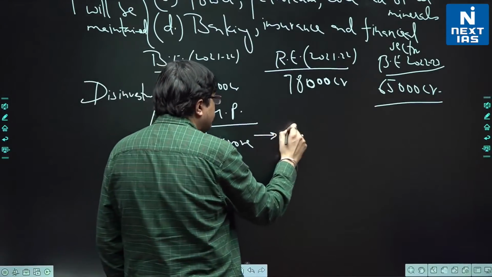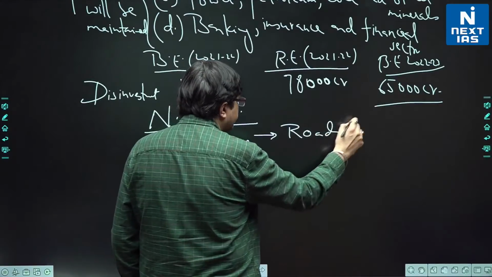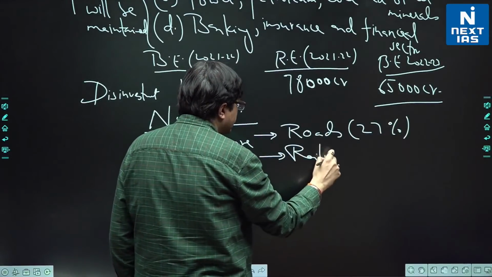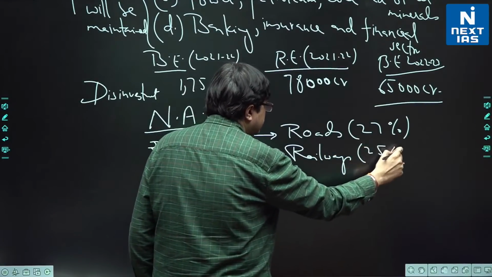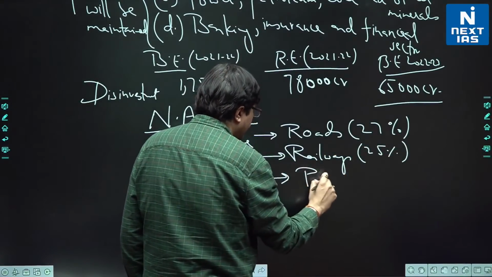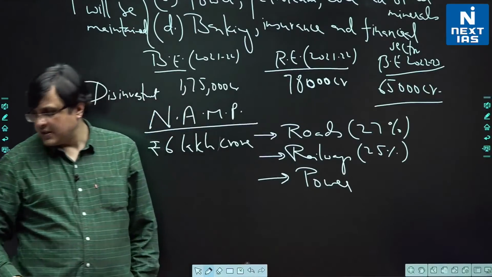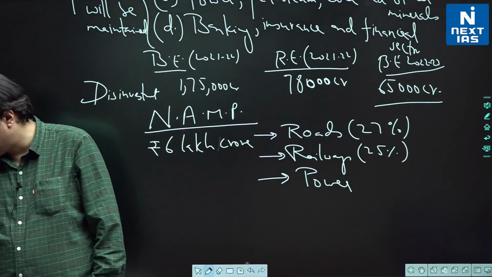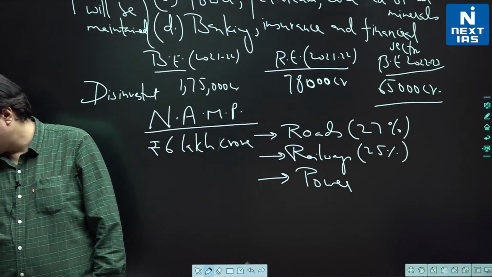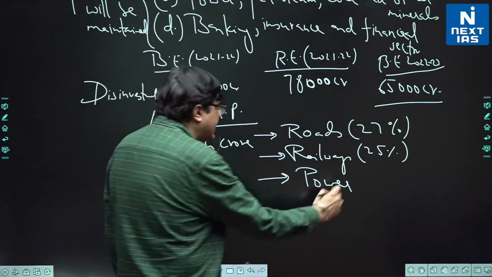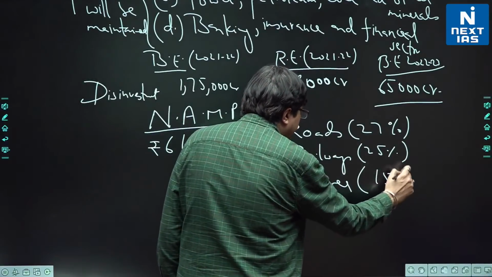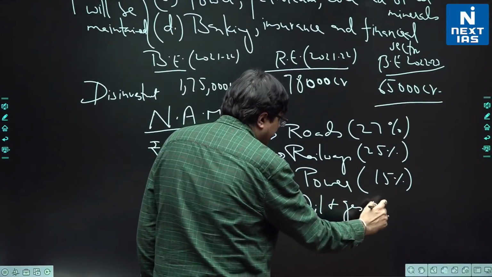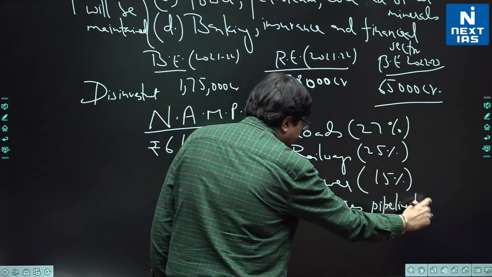So they say that the maximum money will be generated from roads, 27%, followed by railways, 25%, followed by power, that is electricity generation units, approximately 15%, and oil and gas pipelines, which will be 8%.